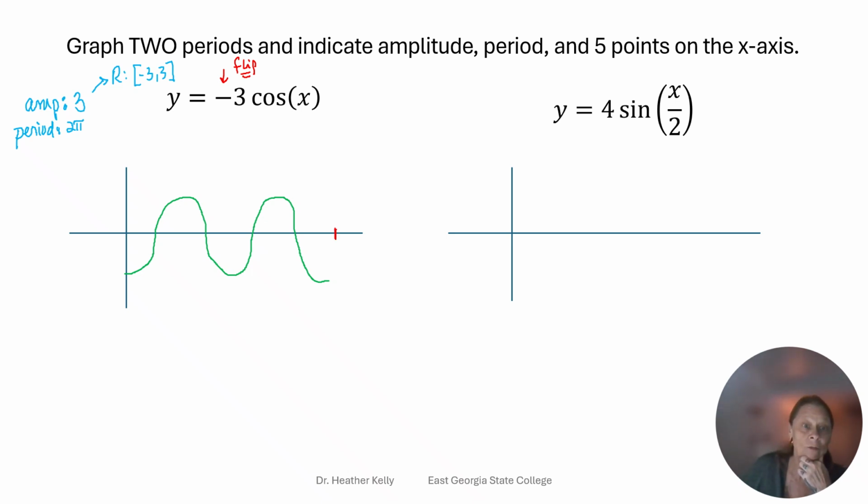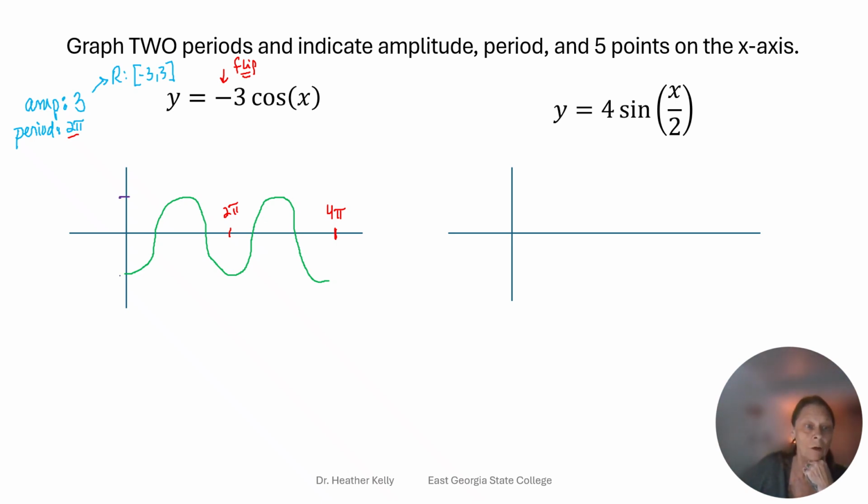Now, if it is 2 periods and a period is 2 pi, then this place right here is 4 pi. This guy is 2 pi. Now, I'm going to hit up all the high notes here. But let's go ahead and put in our y values here.